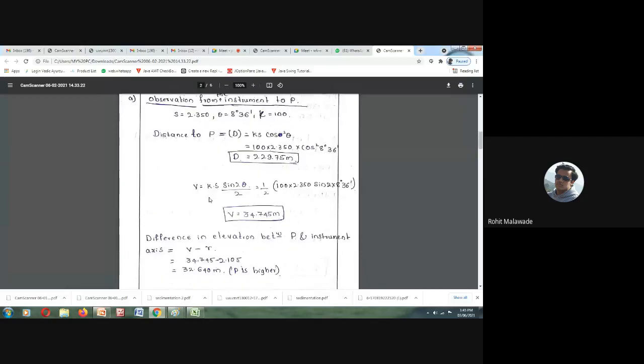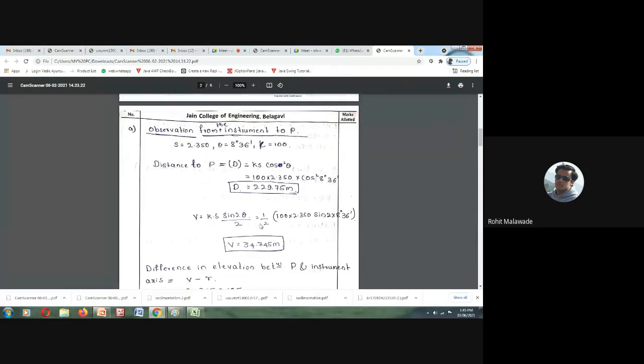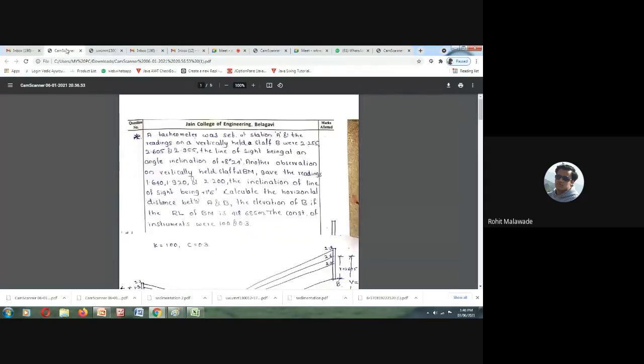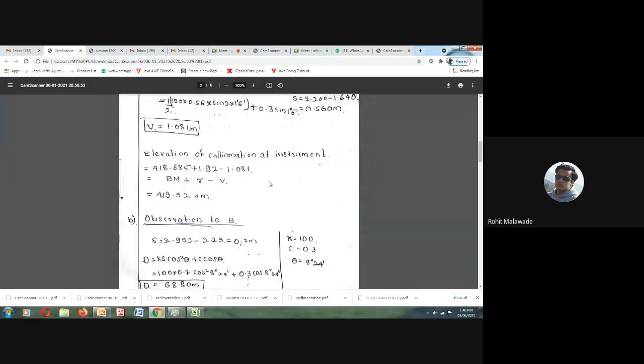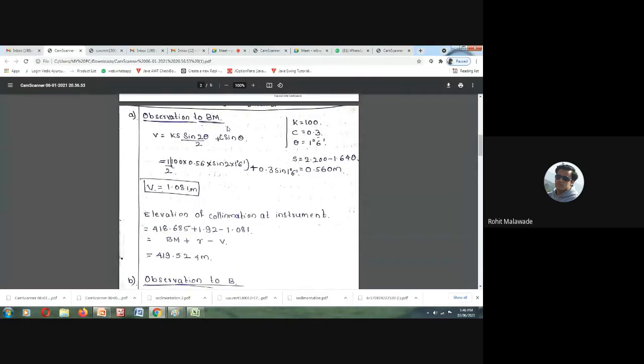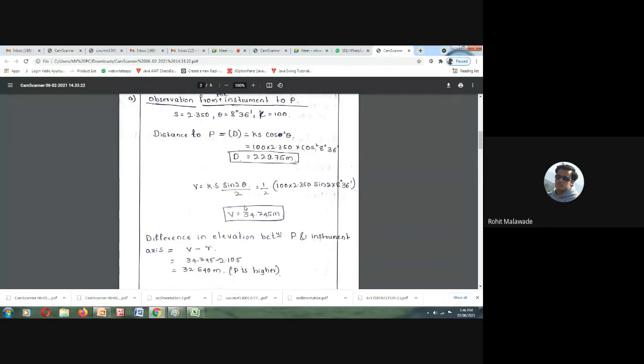Now we want to know V. The formula is V equals Ks sine 2 theta divided by 2 plus C sine theta, but as in the last problem, C is not given, so we again take it as 0.